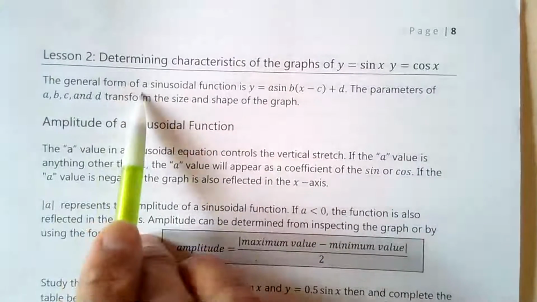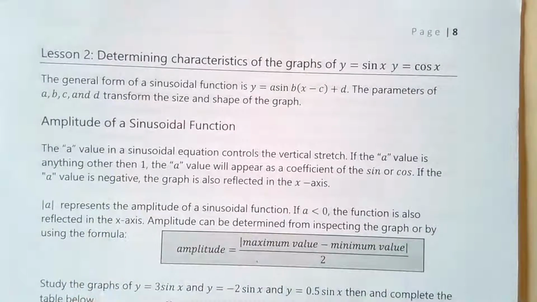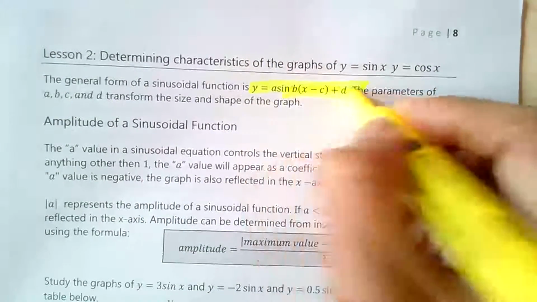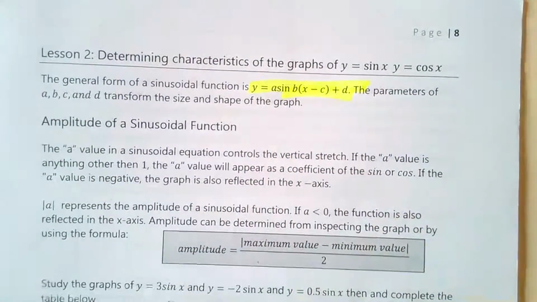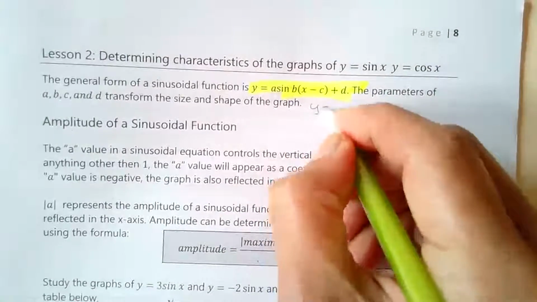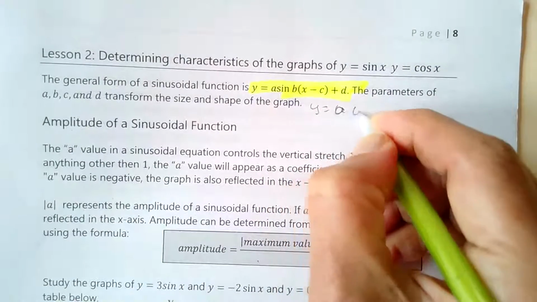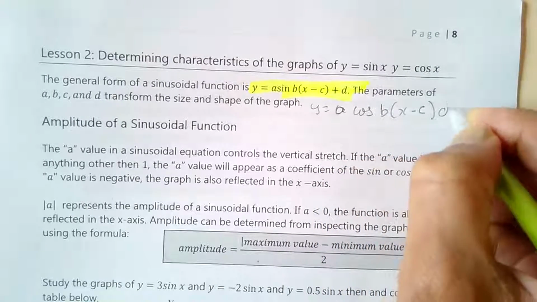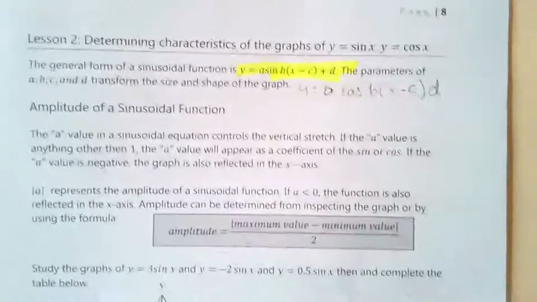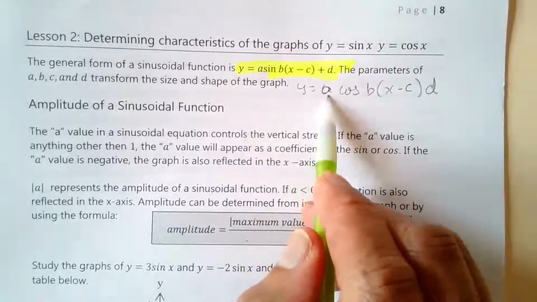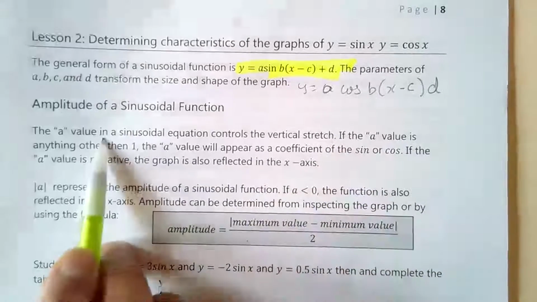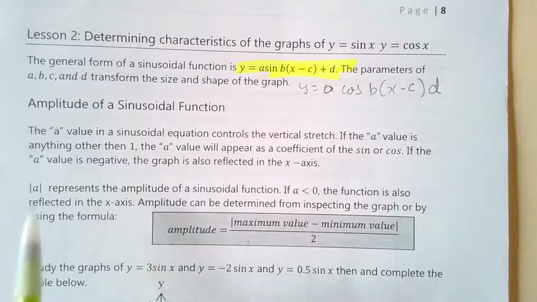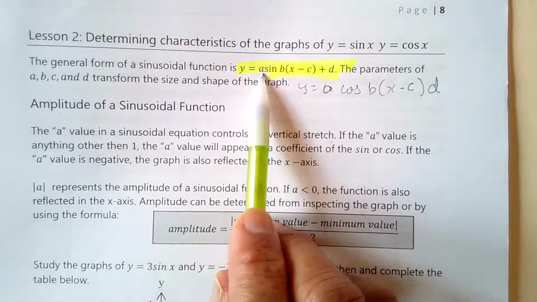The general form of the sinusoidal function is y equals a sine b(x minus c) plus d, but also y equals a cos b(x minus c) plus d. So the a is your vertical stretch, or the amplitude.